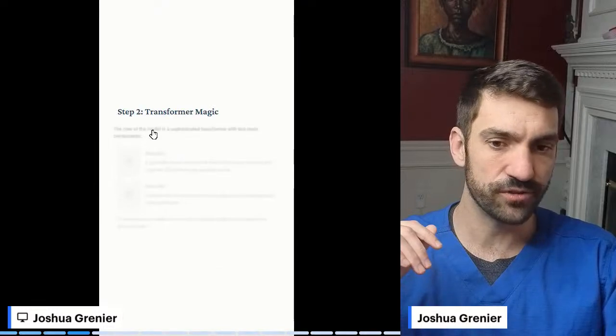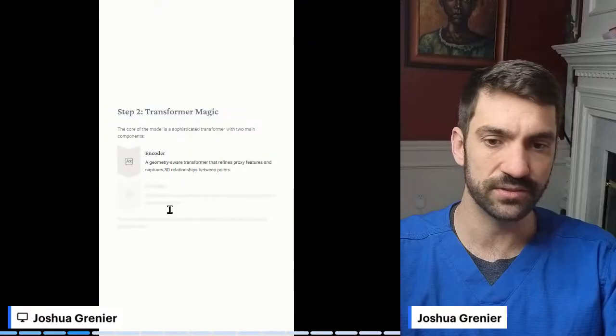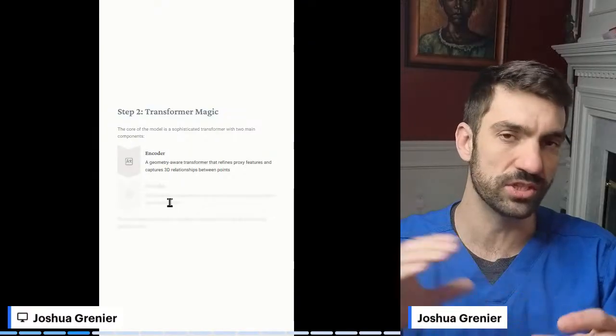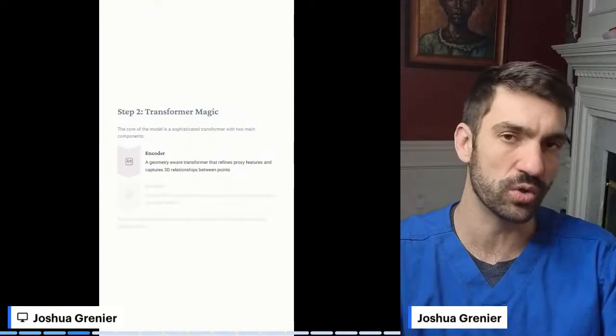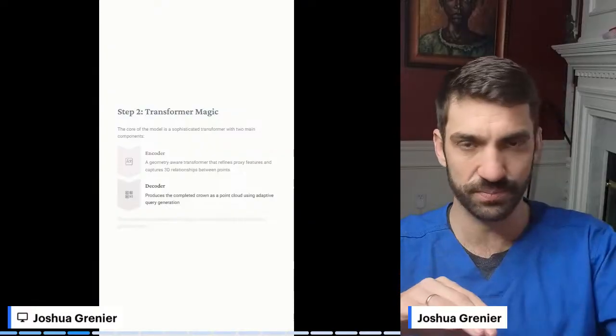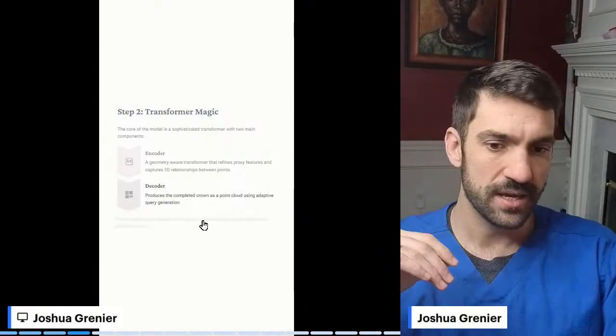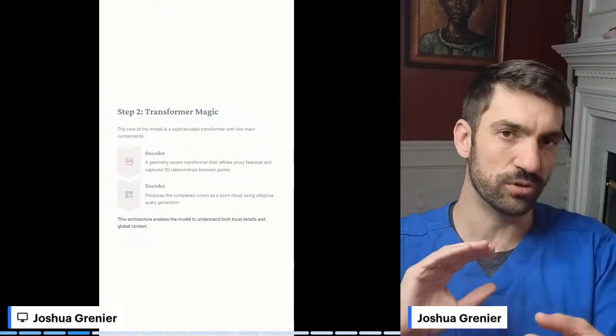Now, the transformers are incredibly sophisticated. So you have an encoder which uses those, and it's able to ask the types of questions, or queries, that can then be used. The decoder actually spits out the answer. And this allows us to look at global context.